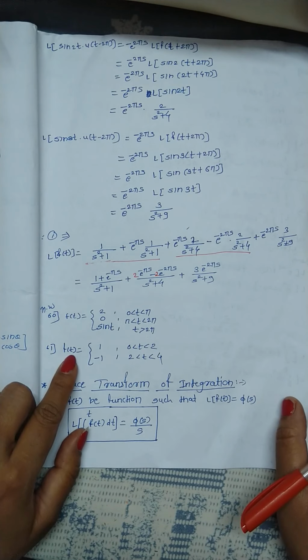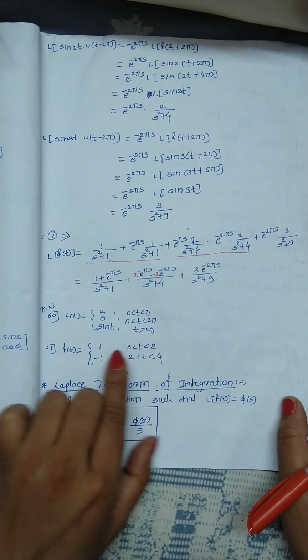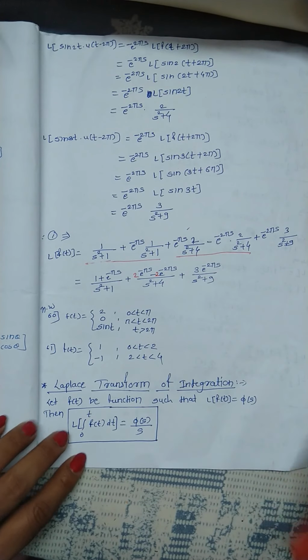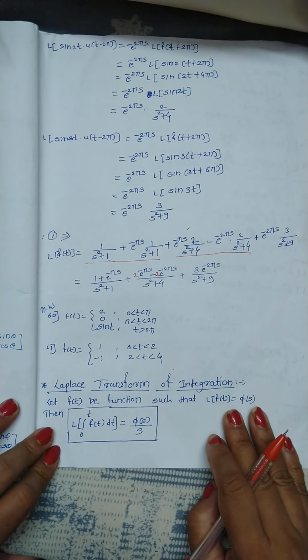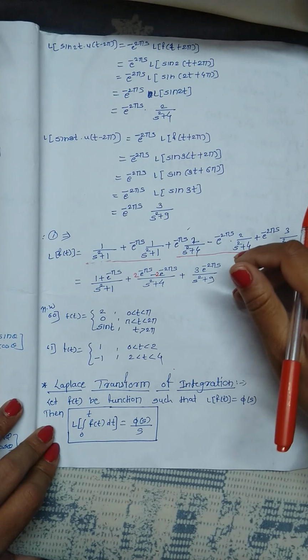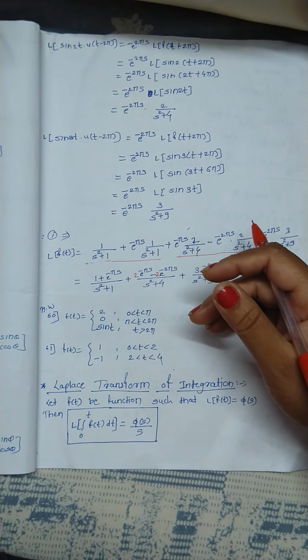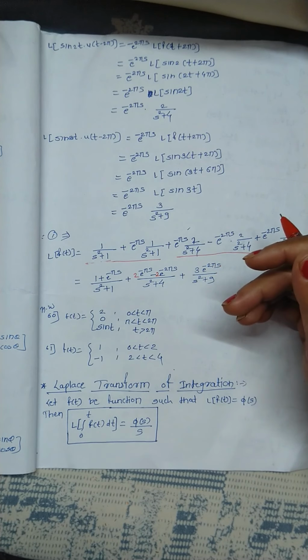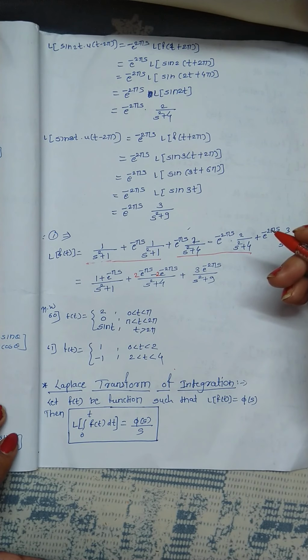Now the next f(t) is this one. This is a very easy example because it contains only constants. Now solve these 2 examples as your homework. This is the point where we have just studied what the unit step function is, that is the Heaviside unit step function, its properties, formulas, and some examples depending on these formulas and properties.